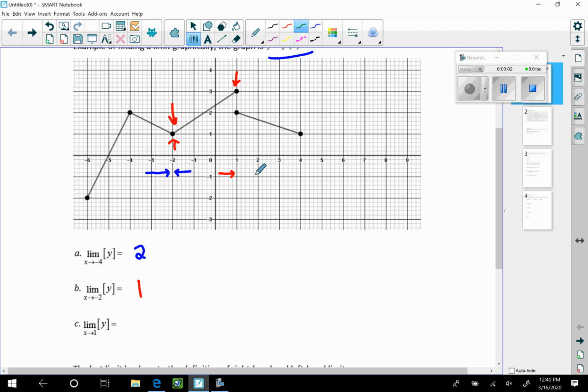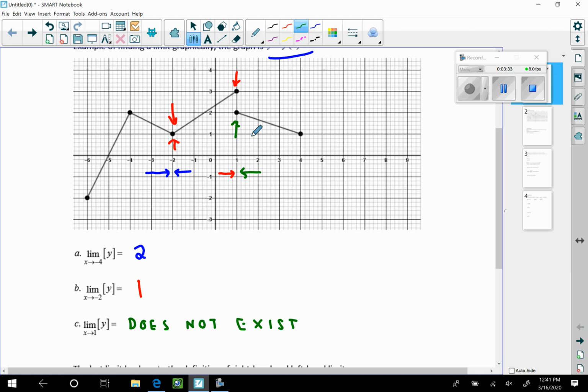But as I approach 1 from the right, it looks like the y values approach 2. Therefore, there's no way that this limit could exist. And we'll talk more about that later on. So this limit does not exist, because the limit from the left does not equal the limit from the right.